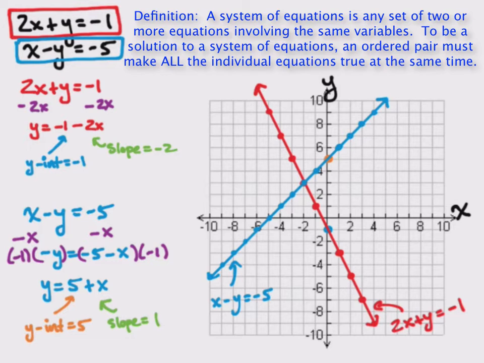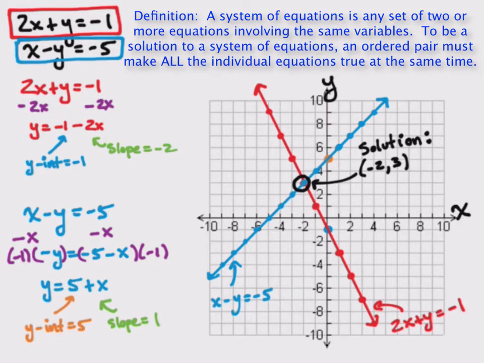Well, we see that these two lines intersect right here at the point -2, 3. This means that -2, 3 makes the equation 2x plus y equals -1 true, and the equation x minus y equals -5 true. That means that ordered pair is a solution to both equations. Therefore, this is the solution to our system of equations.